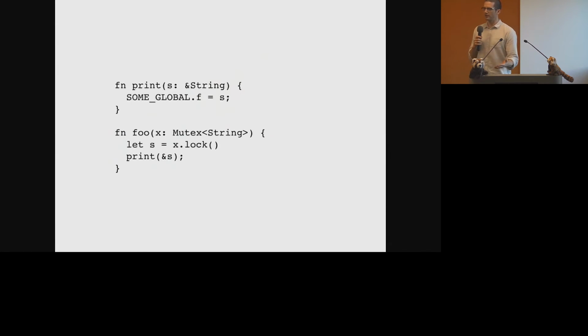Then the mutex is going to get unlocked, and somewhere down the line, you do some mutation to this reference that you saved because you're a bad person, or more likely you just didn't know. And someone else who's locked the mutex then has a race condition. So this is really bad. Again, Rust won't let you do it, and I think it's interesting to see how it does that.